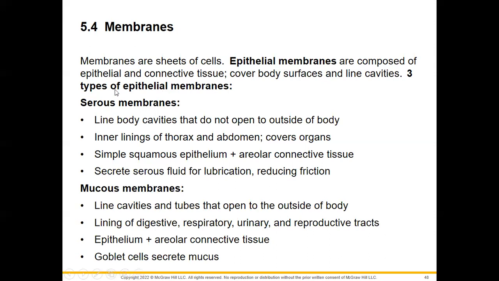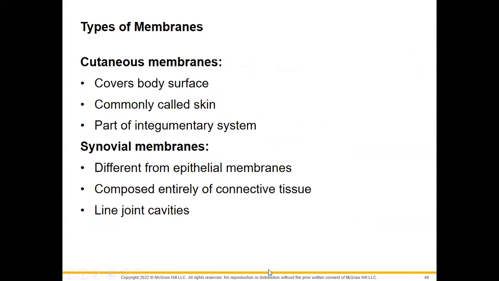So serous membranes are made up of epithelium and areolar connective tissue that secretes a serous fluid, which is more watery. Mucous membranes are made up of epithelium and areolar connective tissue that is coated with mucus. That is a thicker, more viscous lubrication that is secreted by your unicellular glands that are called goblet cells.